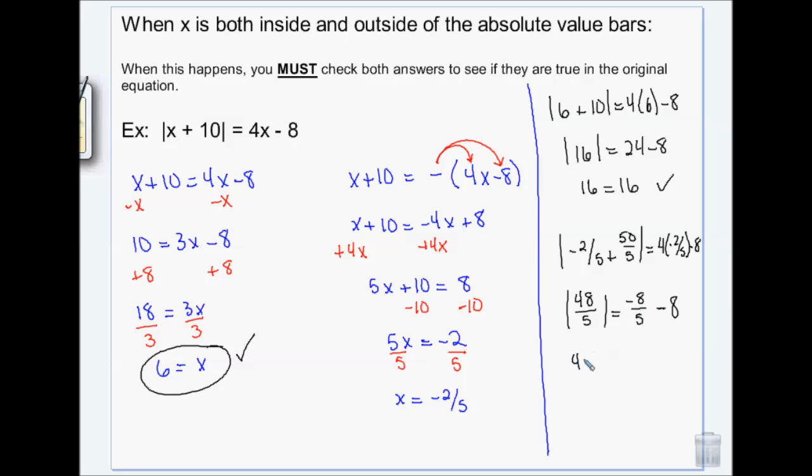So I'm going to get 48/5 is equal to negative some number. Do you understand? I don't even have to add these together. A negative plus a negative is a negative, and a positive does not equal a negative. So this is not a solution.